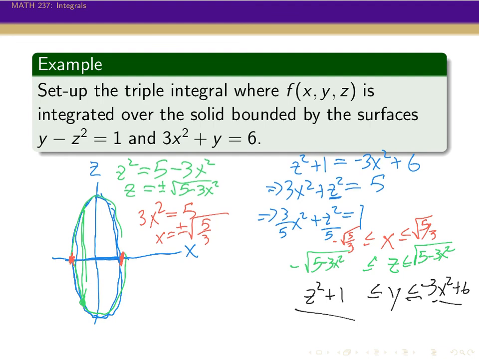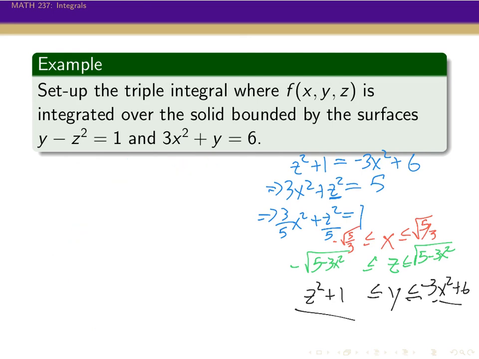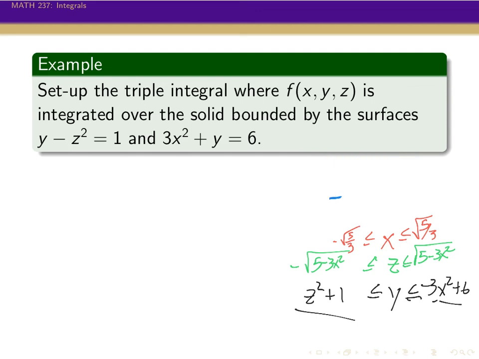Let's write the integral. We've got to clear some space out again. Okay. So we have our bounds down there. Let's write this up. So we're integrating our dummy function. First we're integrating in terms of y, and the bounds for y can have x's and z's in them.